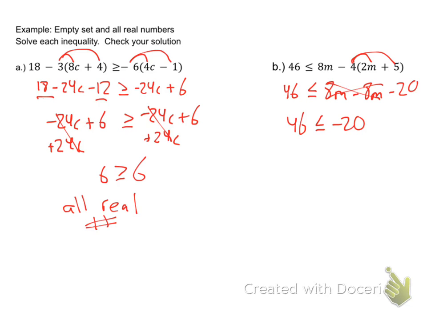Can you ever have a 46 or a positive number be less than a negative? No. So there's no real answer. So there's no solution. We sometimes call that the empty set. So therefore you can't do it. So be very careful. If your 2 numbers don't jive up like this, there's no solution to that.